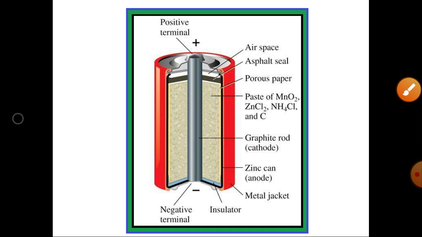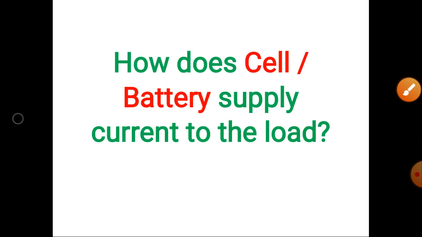Now let us see how a cell or battery supplies current to the load. What will happen inside of the battery, how the chemical reaction will occur, and due to the chemical reaction how the electricity will be produced and used to operate the load, right? So let us see.